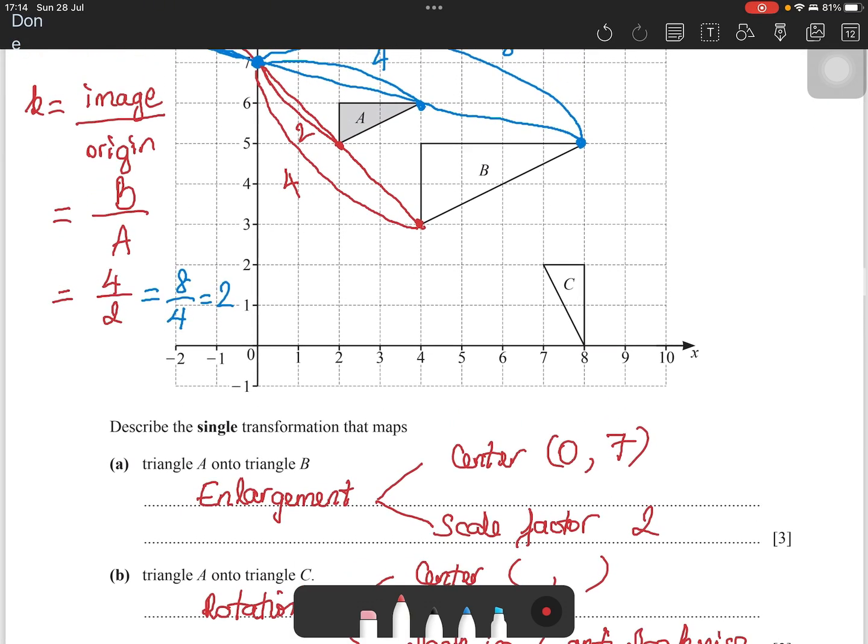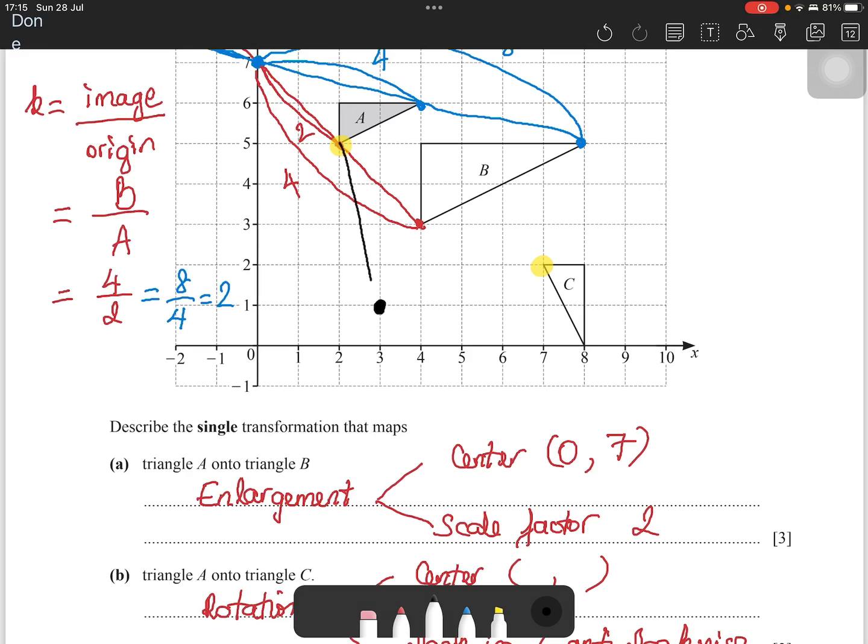First, let's talk about the center. Notice that this vertex corresponds to this vertex. And the center to rotate the vertex in triangle A into the vertex in triangle C is this blue center.